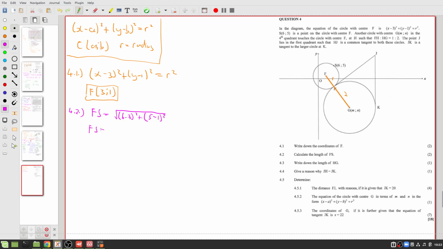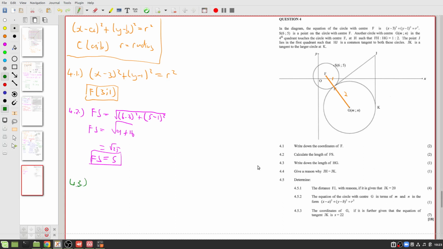So FS equals the square root of 9 plus 4 squared, which is 16. So we've got the square root of 25, which is just 5. So FS has a length, or a distance, of 5. Okay, now we get to question 4.3.